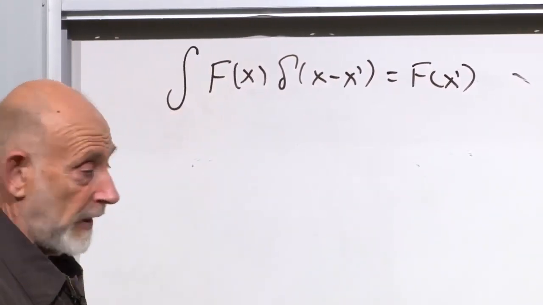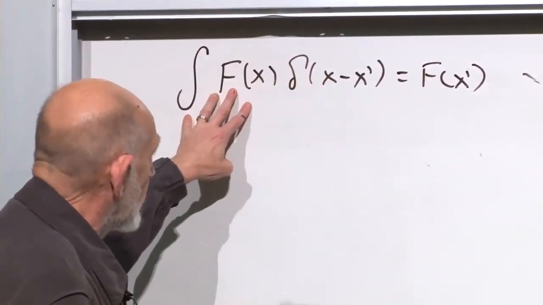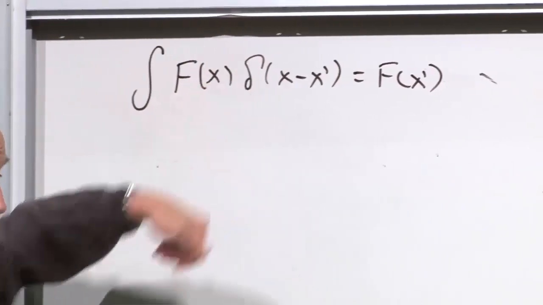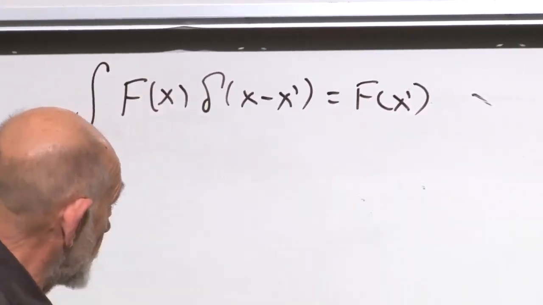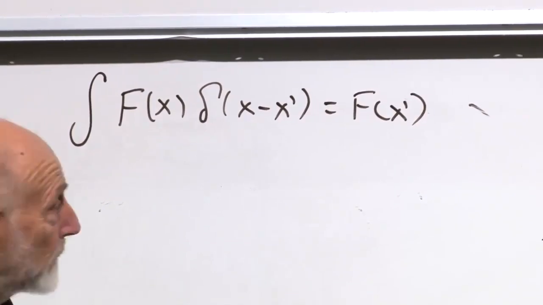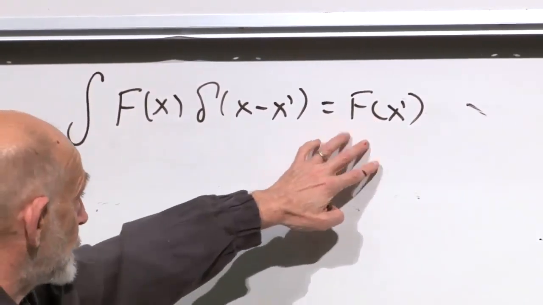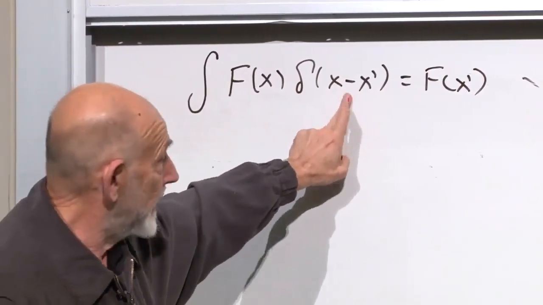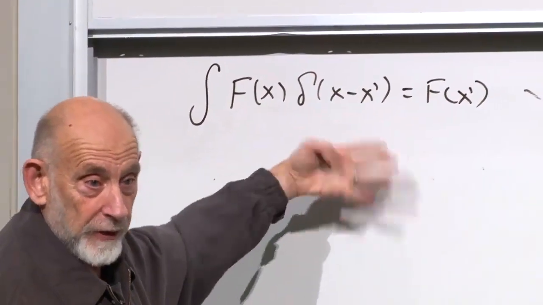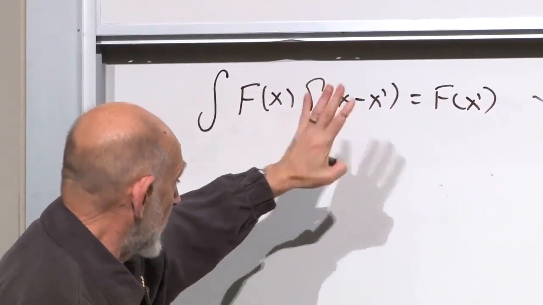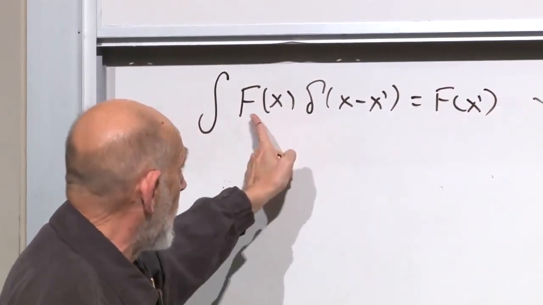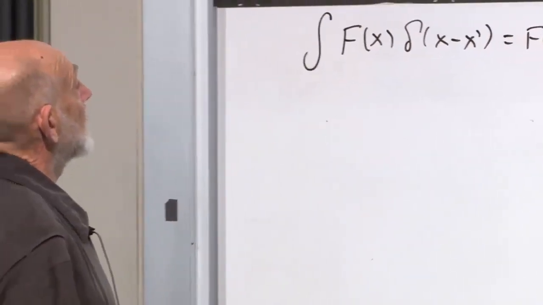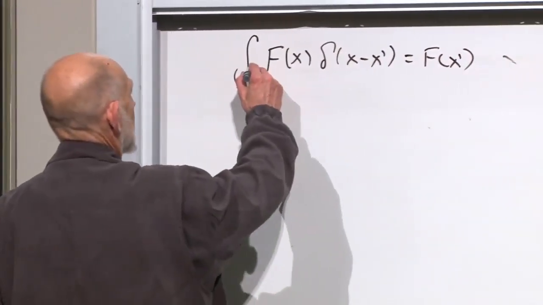This is the way mathematicians define it, as an operation that you do on a function that gives the value of the function at some point. If this is true for every function f, there's only one delta that will fulfill that property. So this can be taken as the defining property: if for all f this is true, then this is the delta function. And it's dx.